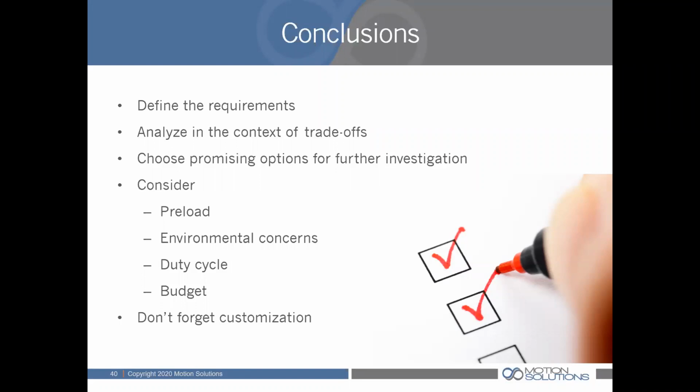There are also more exotic modifications that the factory will do. Now, keep in mind, if you happen to be a very large robotics manufacturer and you're potentially going to buy hundreds, if not thousands, of this bearing a year, the factory may bend over backwards and design something very specific for your application. They may put extra holes in the carriage, or we've actually seen them put a special profile on the rail.